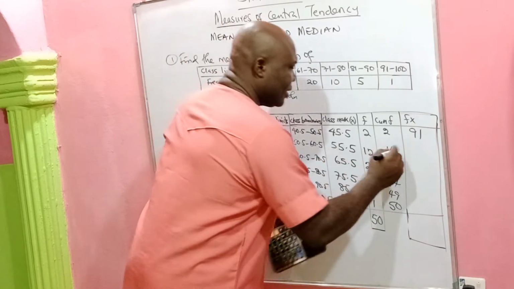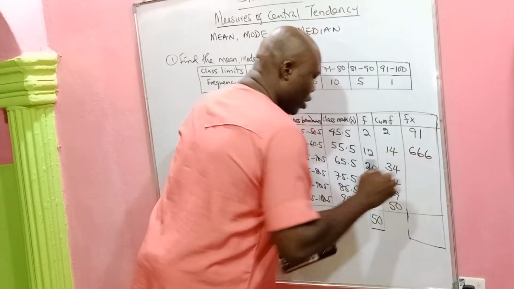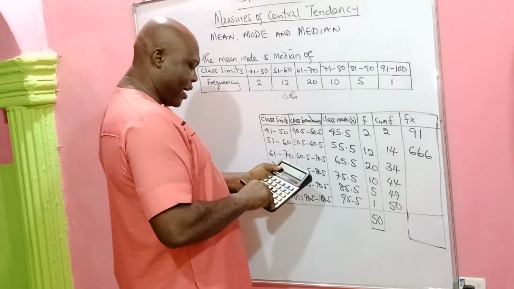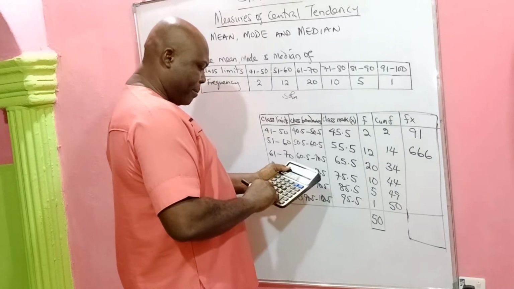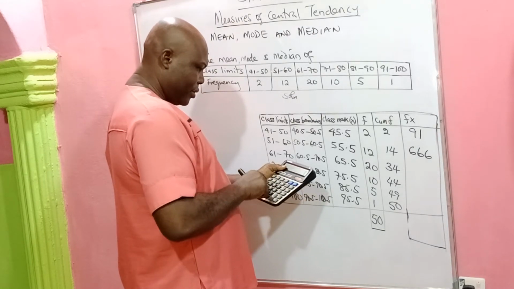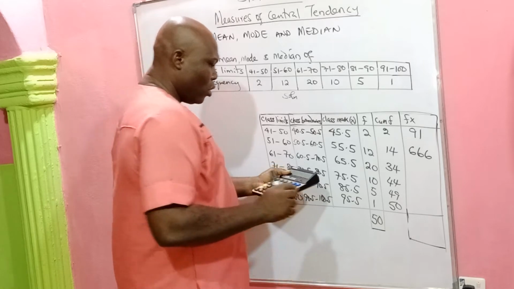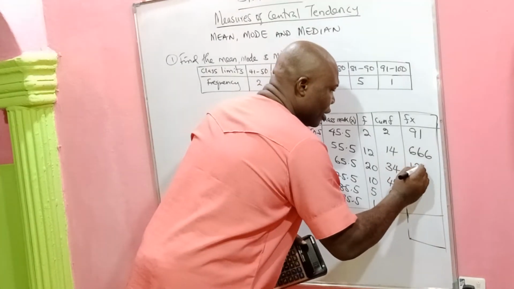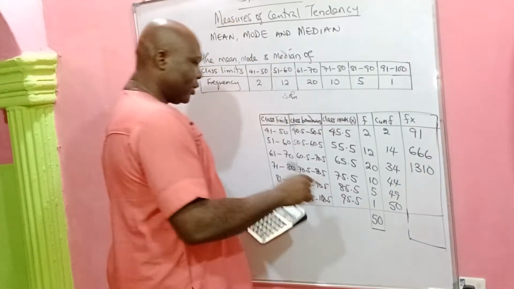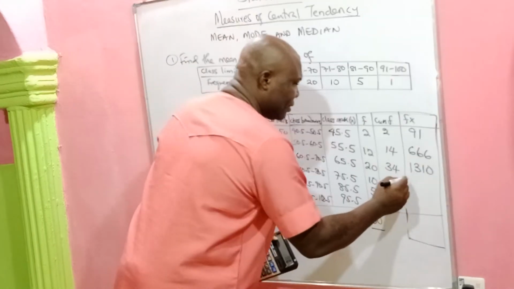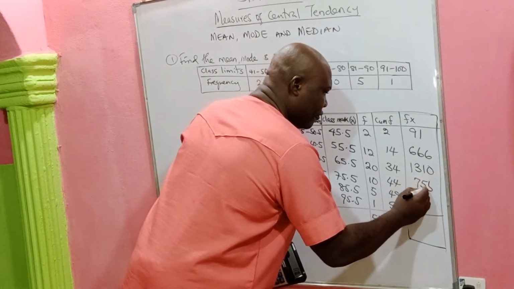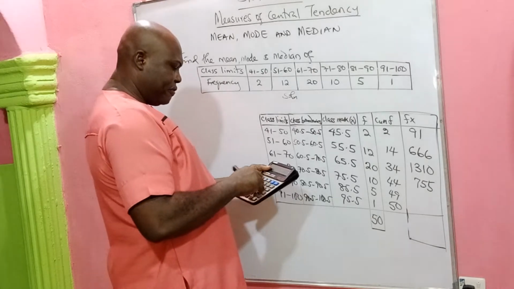So we have 666. So the next one, we have 65.5. We'll multiply by 20, 1310. So the next one, we have 75.5 times 10, which is 755. So the next one, we have 85.5.